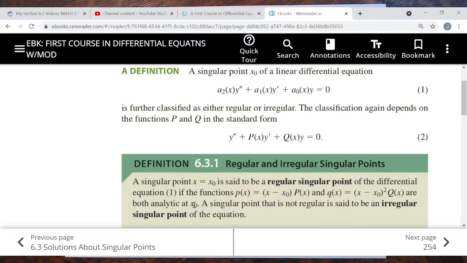Again, being analytic at x sub 0 means that these functions can be expressed as a power series centered at x sub 0 with a positive radius of convergence, R being positive. And a singular point that is not regular is said to be an irregular singular point. So if either of these functions, little p and little q, is not analytic at x0, then x0 is said to be an irregular singular point.